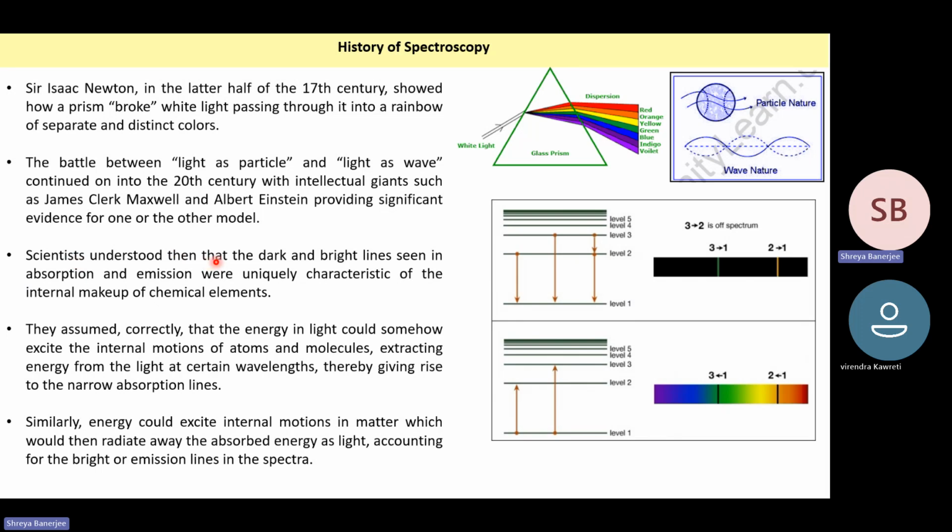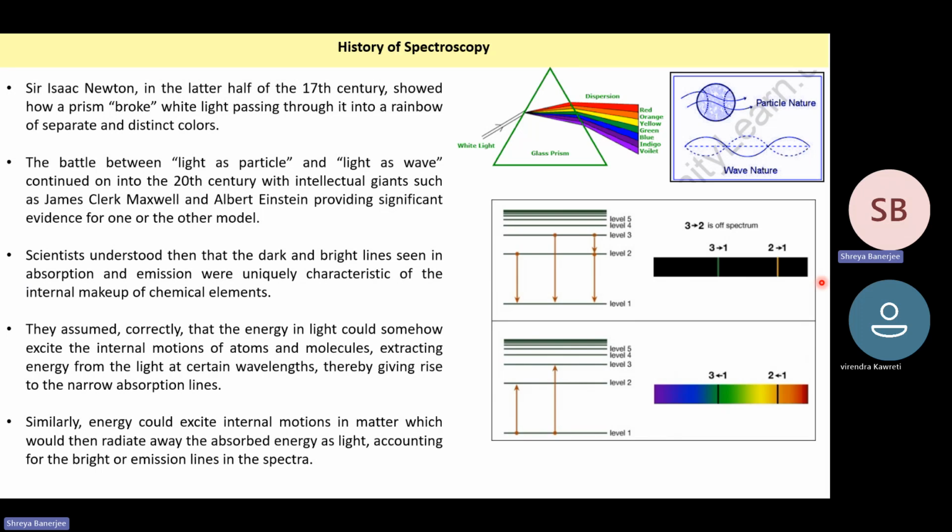Scientists understood that the dark and bright lines seen in absorption and emission were uniquely characteristic of the internal makeup of chemical elements. So you can see that you have many different energy levels in an atom, and when there is a transition from one energy level to another, you will see that particular line in the spectra.